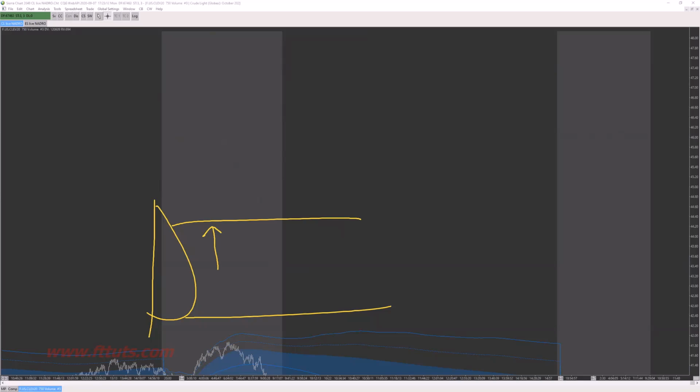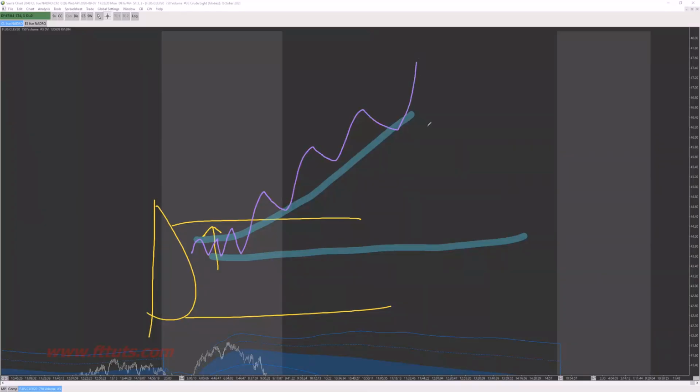And DVA looks like this, and the price action looks like this, right? This is a place to look to get long. This is a place to look to get long. This is a place to look to get long. And these are pretty, you know, perfect looking, picture perfect examples, but this is theory.